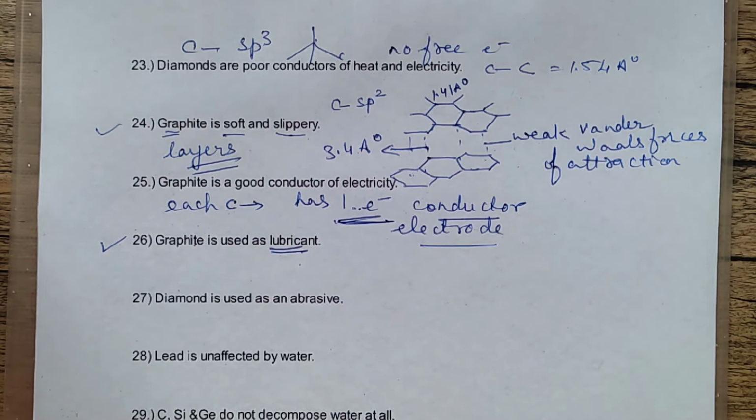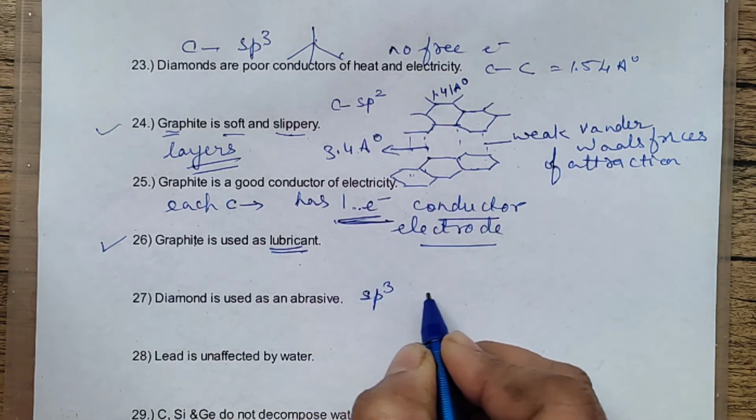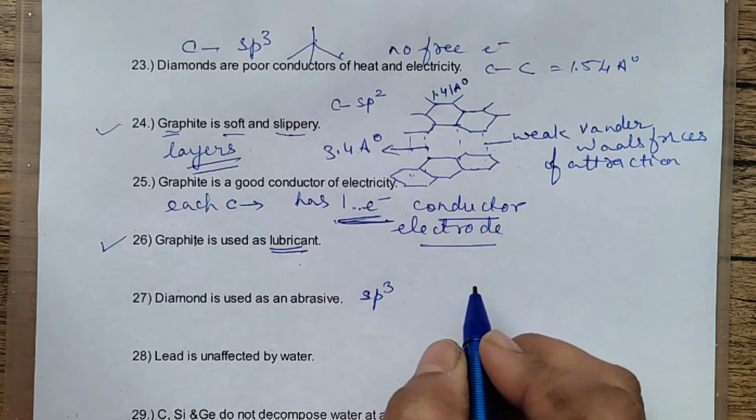The next question says diamond is used as an abrasive. In this you can talk about the diamond structure again. You can write down each carbon atom is sp3 hybridized. The tetrahedral arrangement is there. Carbon-carbon bonds are strong.